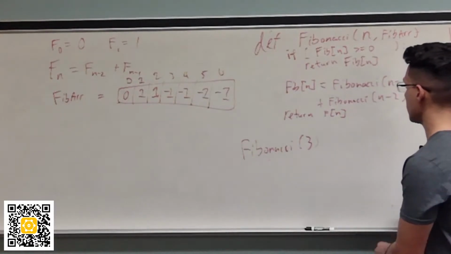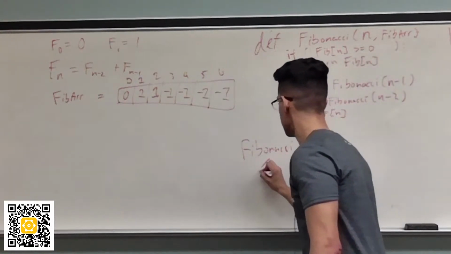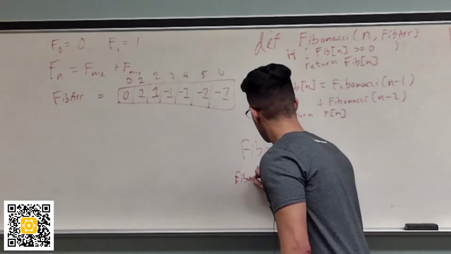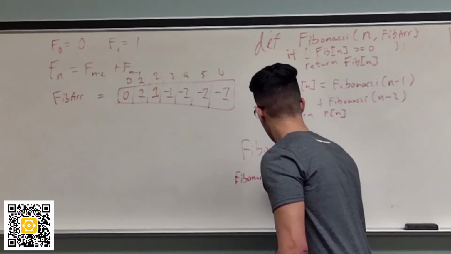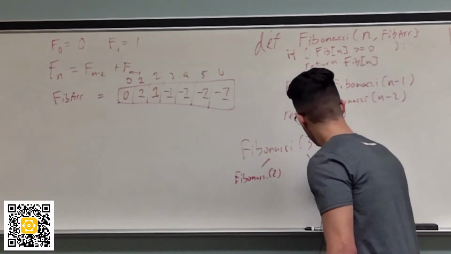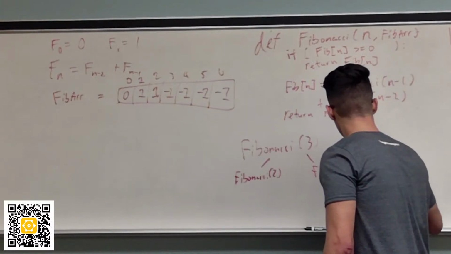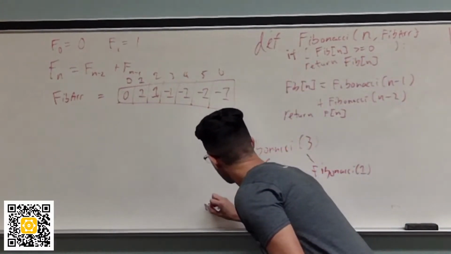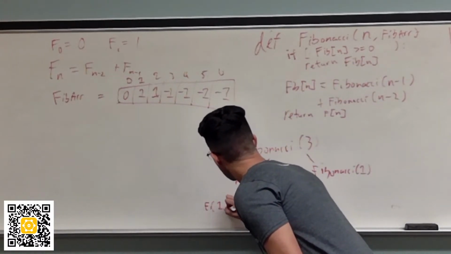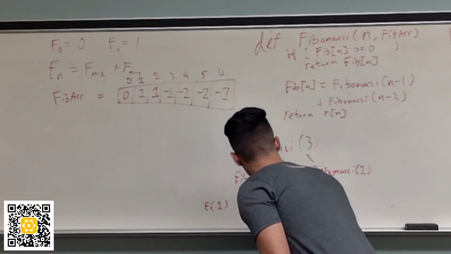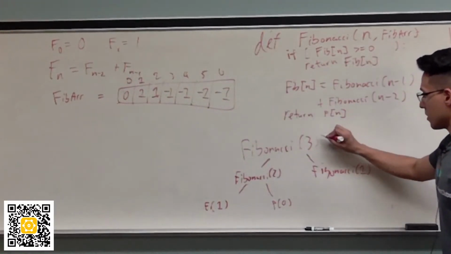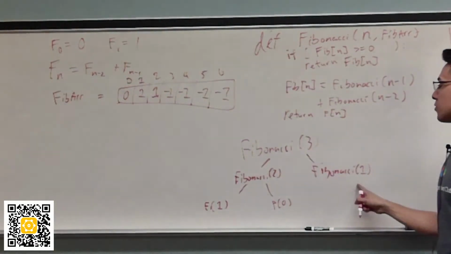When I do fib3, right, I would have to do... before... okay. So fib3 is Fibonacci 2 plus Fibonacci 1.